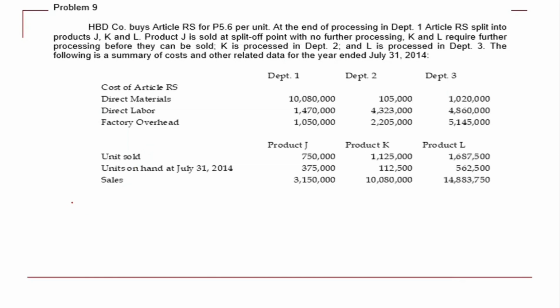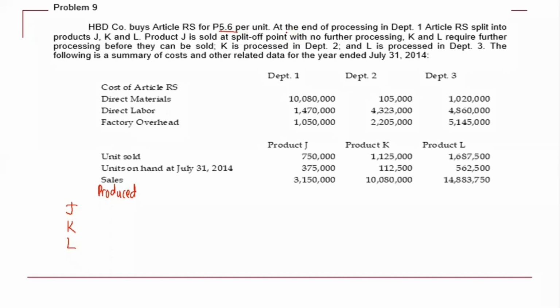Okay, so we have products J, K, and L. So produce. Ang kailangan natin. Kasi dito sa problem na to, so sige basahin po muna natin. HBD company buys article RS for 5.6 per unit.